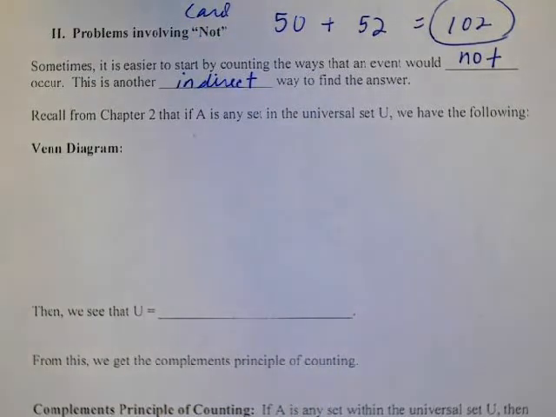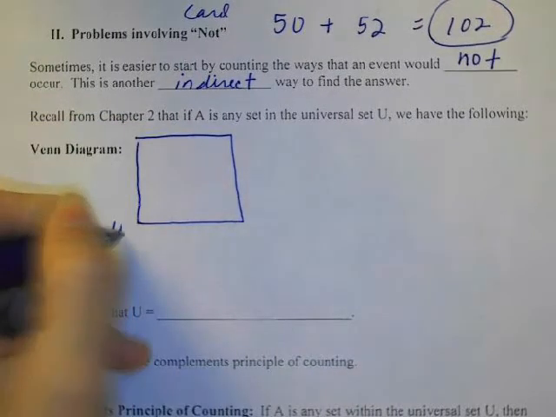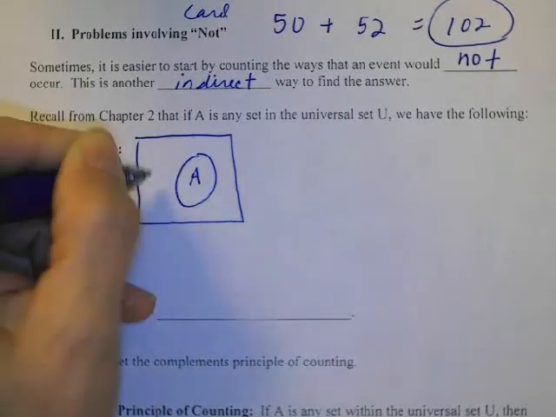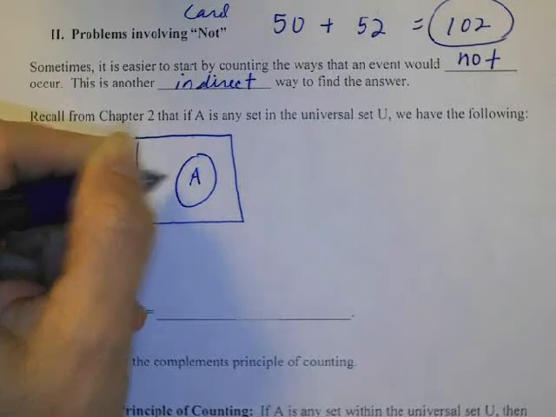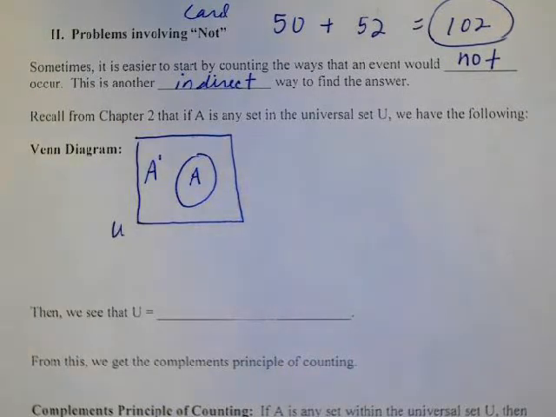Let's recall from Chapter 2 that if any set A is in the universal set, we have the following. We're going to draw a Venn diagram, and if A is in the Venn diagram, what's outside of A, inside of U, we called A prime.